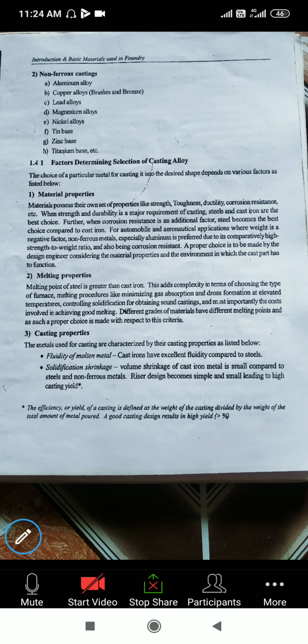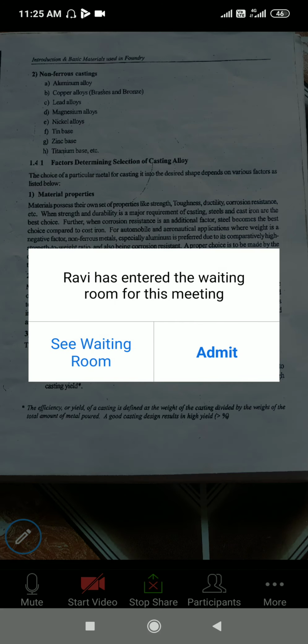That has to be avoided, so measures are taken to resist and stop such corrosion. Some alloys are added during the furnace charge so that we can get a proper sound casting.